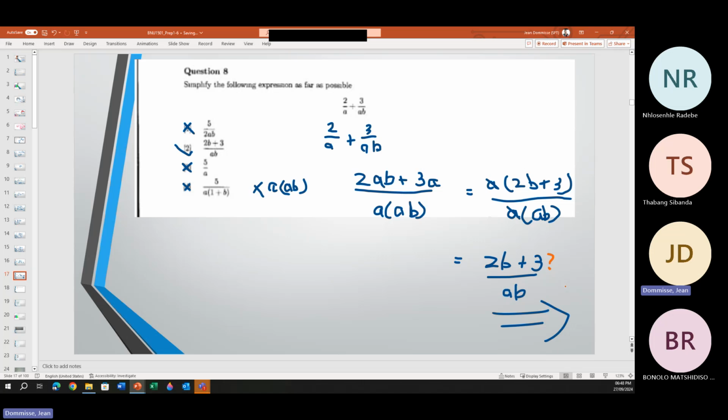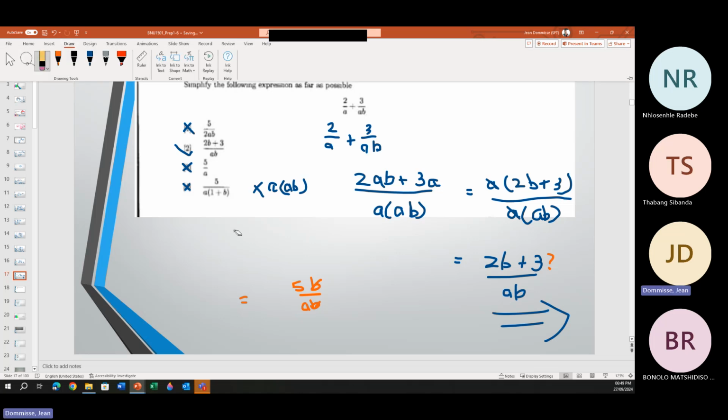So only if it had 3B were you allowed to do exactly what you mentioned, because then it would have been 5B over AB, and then you could have cancelled it out, but only if there was a B. Okay.